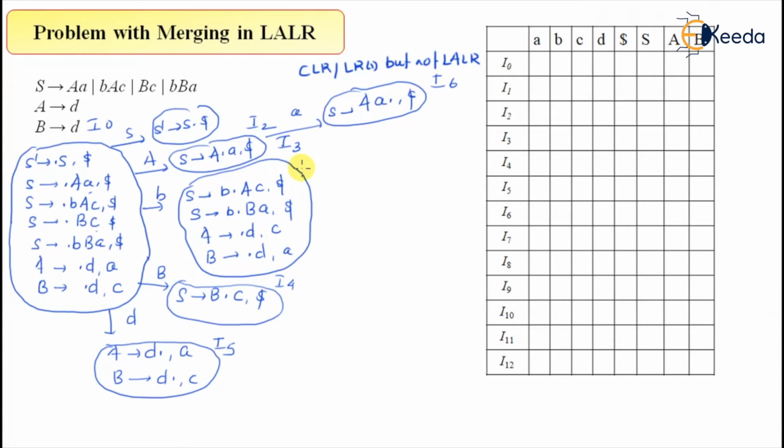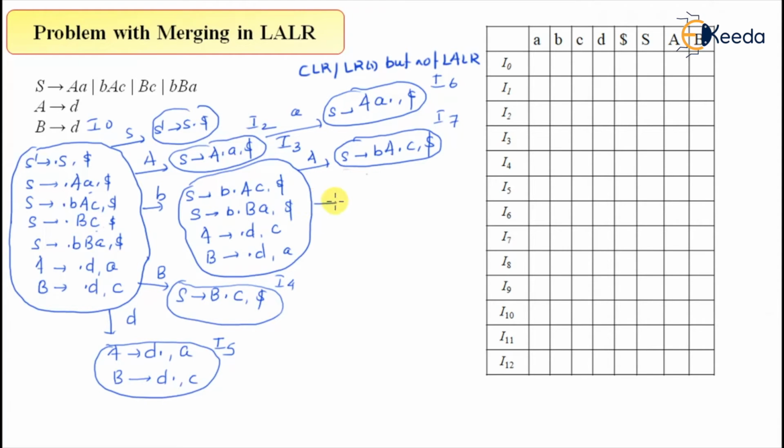Come here. On input capital A, this will become S derives bA dot c followed by dollar, and S derives A and B both, so this is your new state, I7.